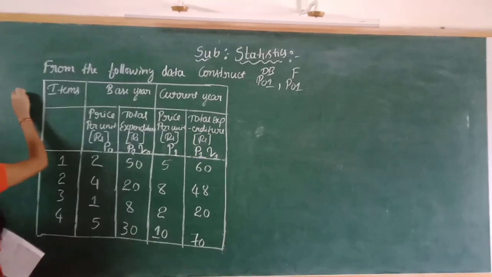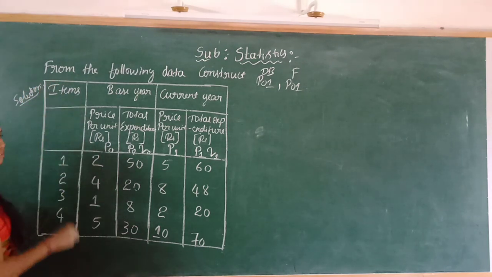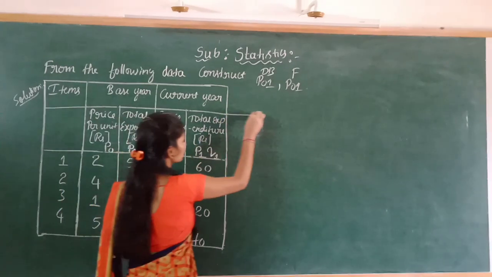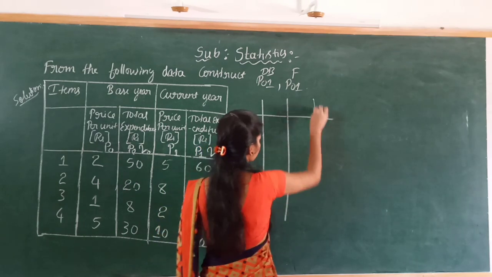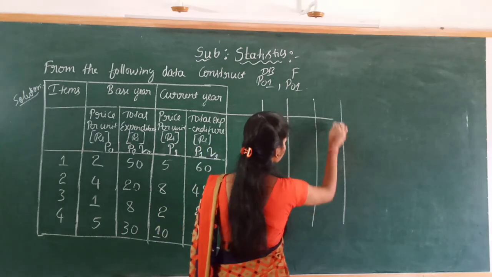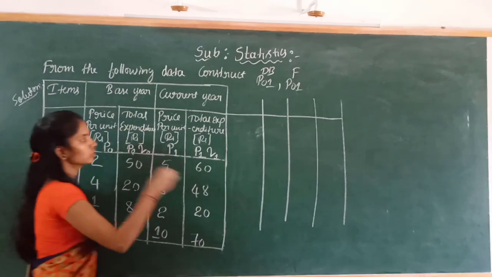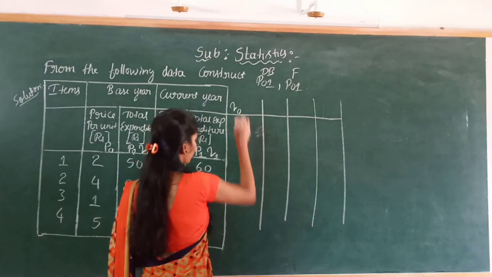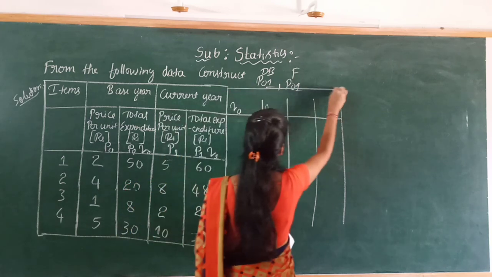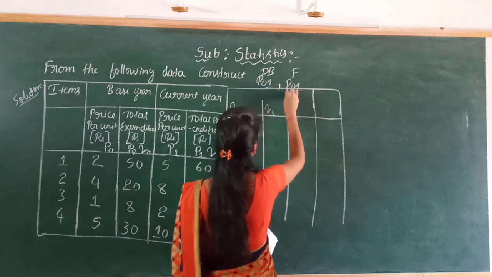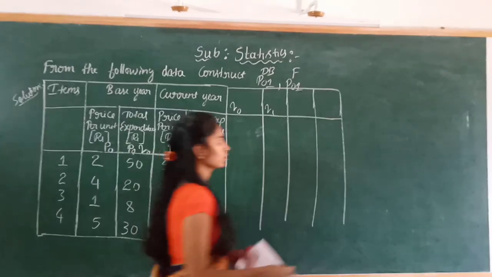Then in the solution, I will continue the solution here. As I already told you, you already have P1, P0 values, so you calculate Q0 and Q1 values. So what is the formula for calculating Q0?